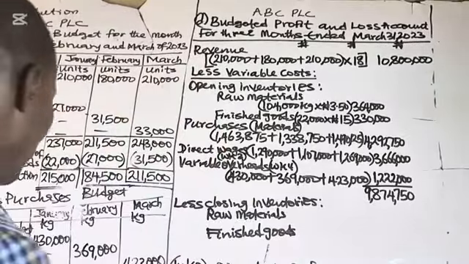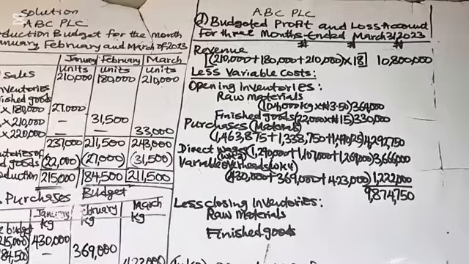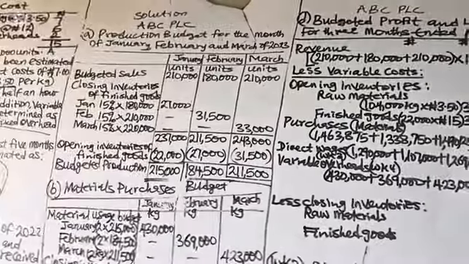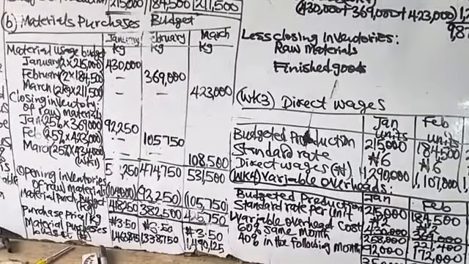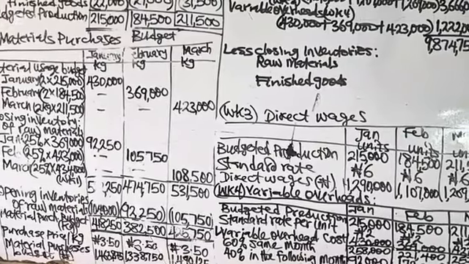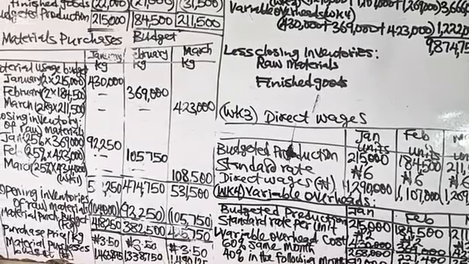So the closing inventories of raw materials, let's go back to the material purchase budget. Our closing inventories of raw materials have been calculated in material purchase budget.